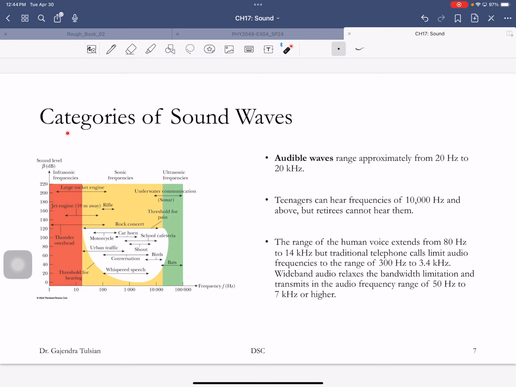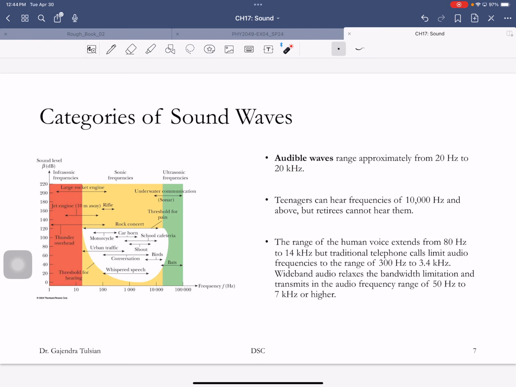Okay, so we define sound waves as human-centric. The definition is human-centric, okay? What we can hear is how we define things. So we can hear from 20 hertz to 20,000 hertz. That's the frequency range we can hear. Okay.